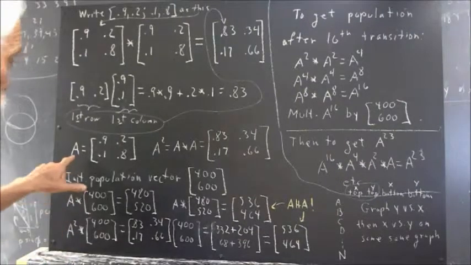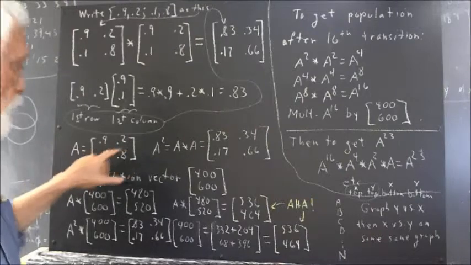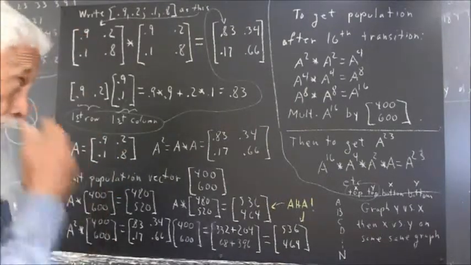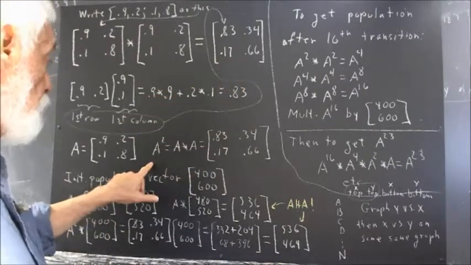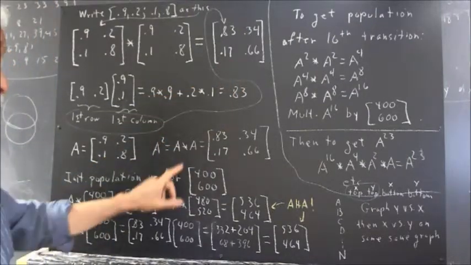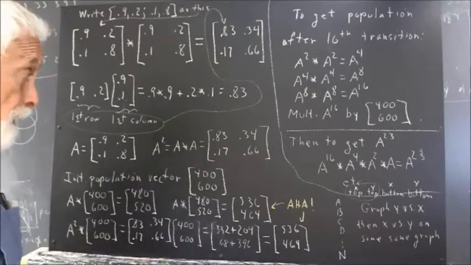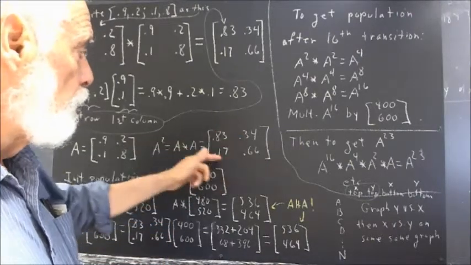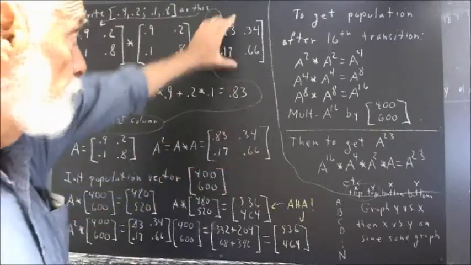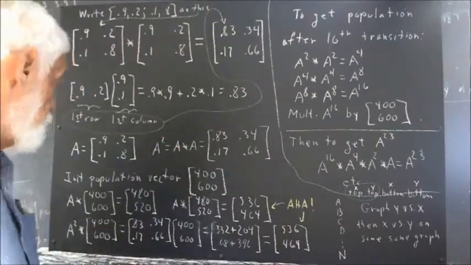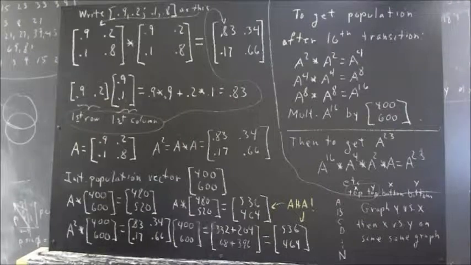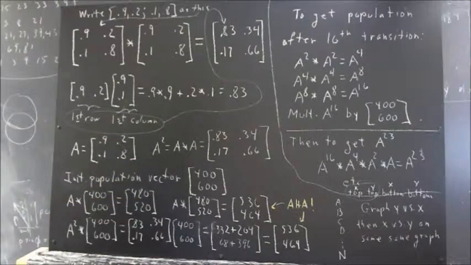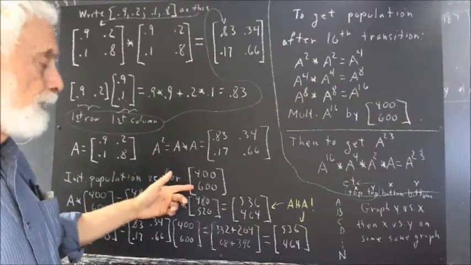Okay, so now if the A matrix is 0.9, 0.2, 0.1, 0.8, same matrix we have here, then this tells us that A squared is, well, what's A squared? It's A times A. That's what A squared means. And that gives us 0.83, 0.34, 0.17, 0.66, same as this matrix. Now, our initial population vector for the original sane and demented problem, we chose 400, 600.